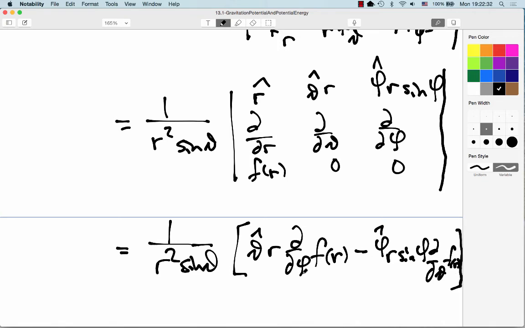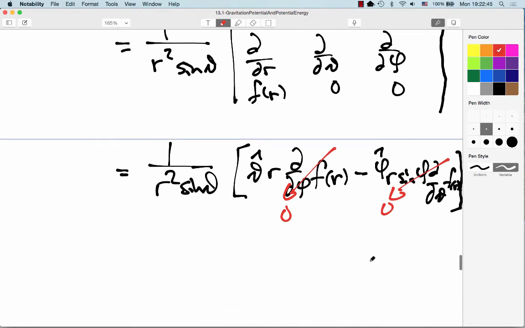All right, but this depends on r, and we're differentiating with respect to phi, so that's 0. This depends on r, we're differentiating with respect to phi, so that's 0. So we can kiss both of those terms goodbye. And so sure enough, we end up with the curl of f is the null vector. So any central force is conservative.